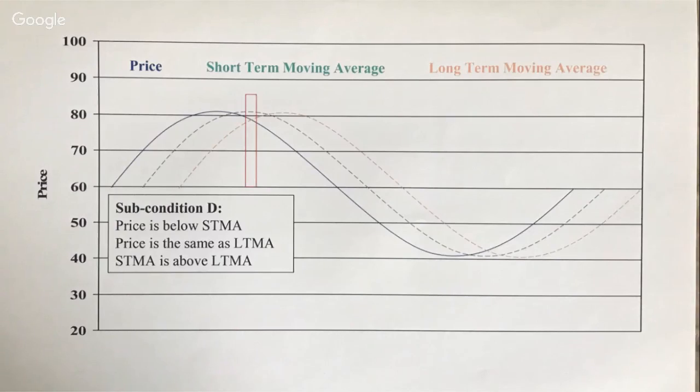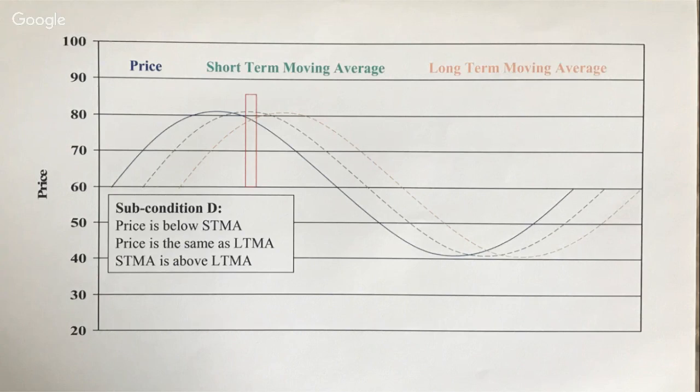Subcondition D. The price is now below the short-term moving average, but it's equal to the long-term moving average. In other words, it is now cutting down through the long-term moving average. But the short-term moving average is still above the long-term moving average. So what are we looking at here? We're looking at declining price, flattening short-term moving average and rising long-term moving average.